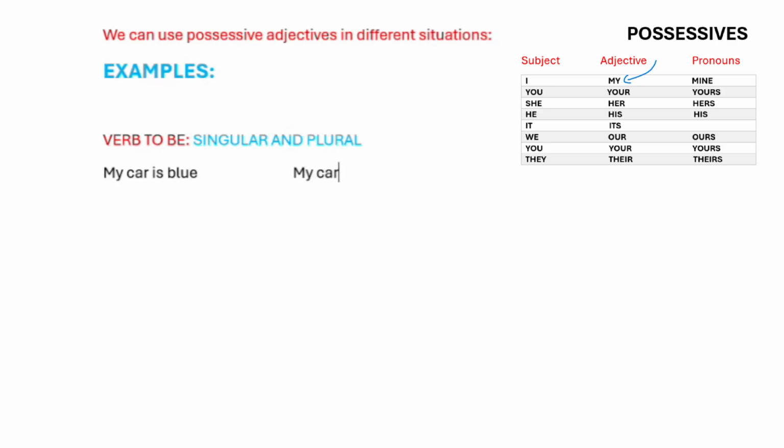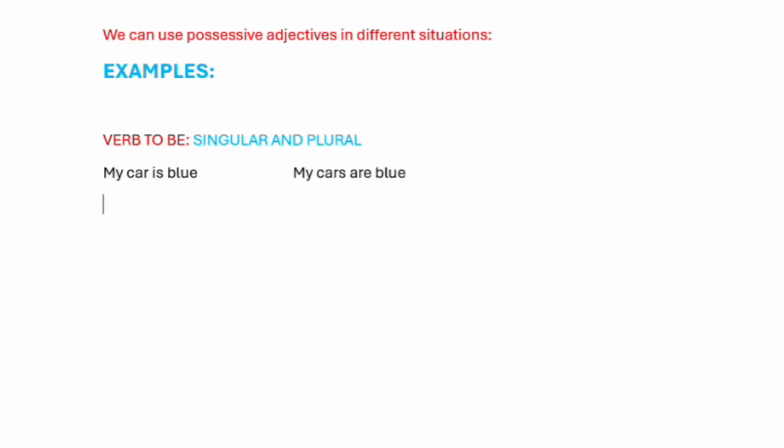My cars are blue. Oh my gosh, English is easy, guys. It's very easy. Okay, I'm gonna use the possessive. Well, you can use all of them, right? You can use all of them using this rule. Yeah, singular, plural, singular, plural.